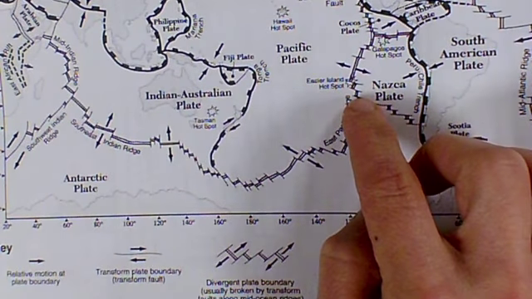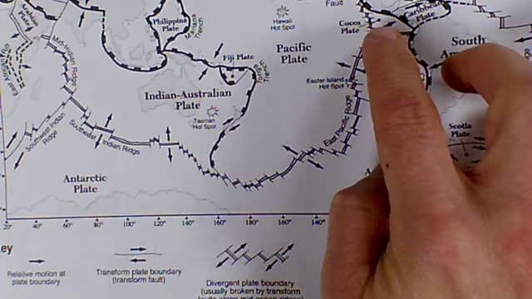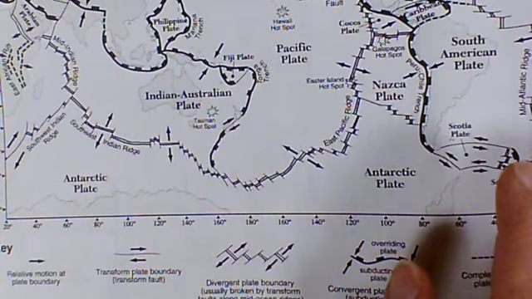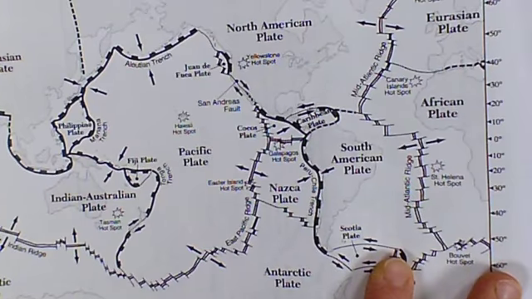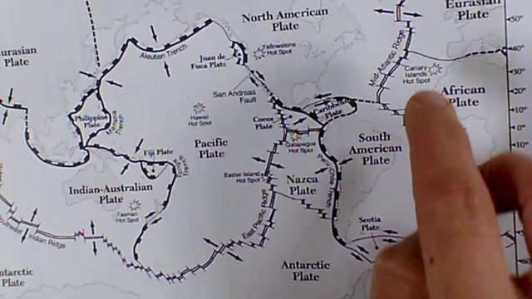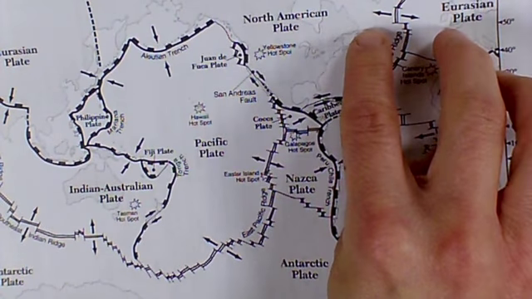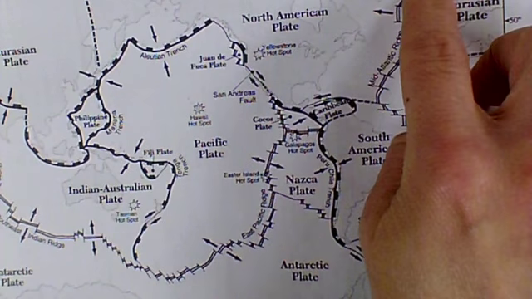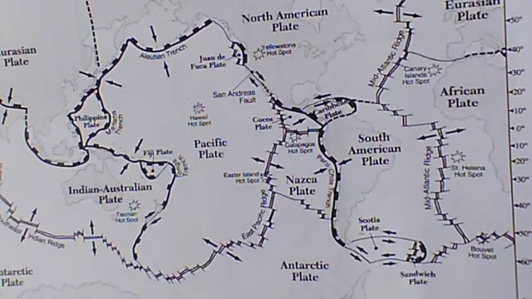Over here at the East Pacific Ridge, and actually more famous is the Mid-Atlantic Ridge, these are diverging. They are spreading apart. You can tell from the symbols and from the arrows here that they are coming apart.